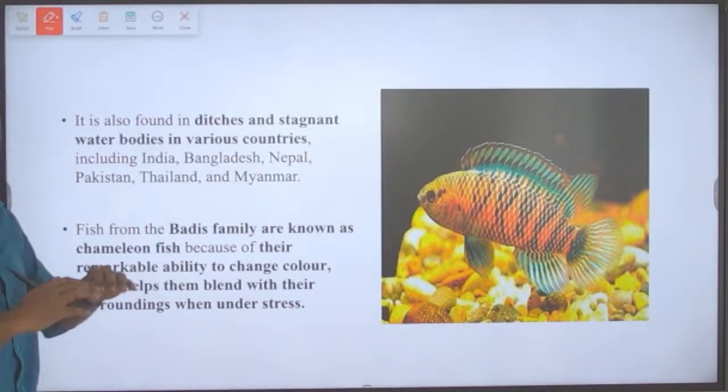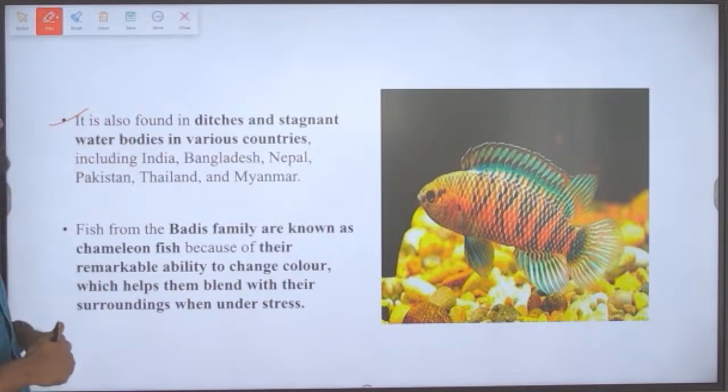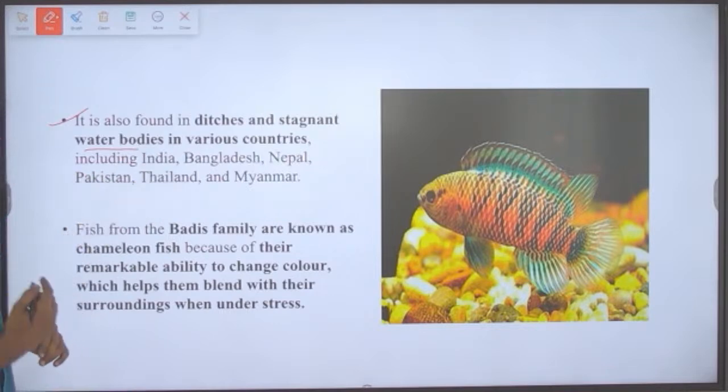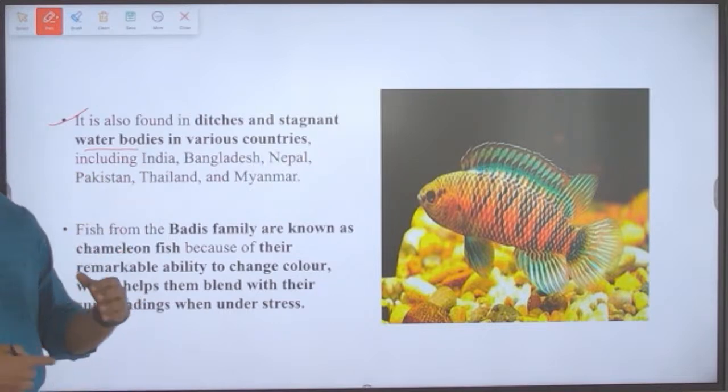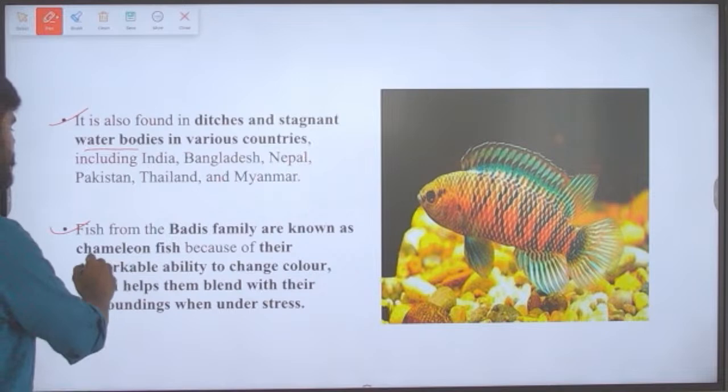It has this ability to change its color like a chameleon, and the family is also found in ditches and stagnant water bodies in various Asian countries like India, Bangladesh, Nepal, Pakistan, Thailand, and Myanmar.